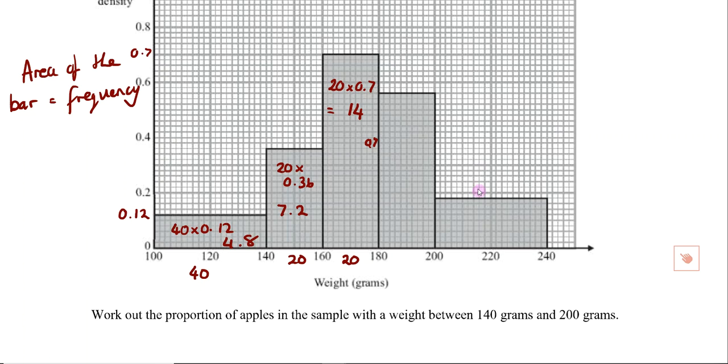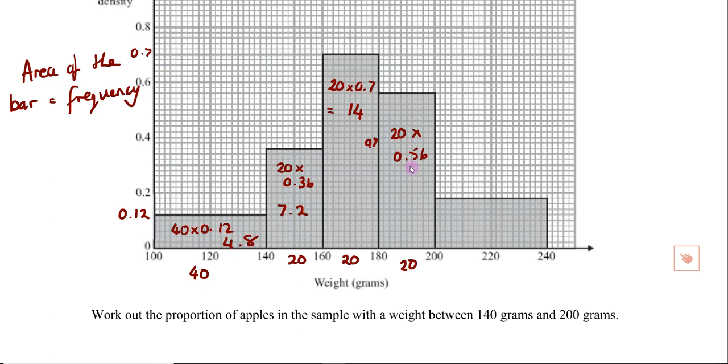You've got to be very careful. So we've got that. The next one again is 20, so it's 20 times, and this would be 0.56, which is 11.2.